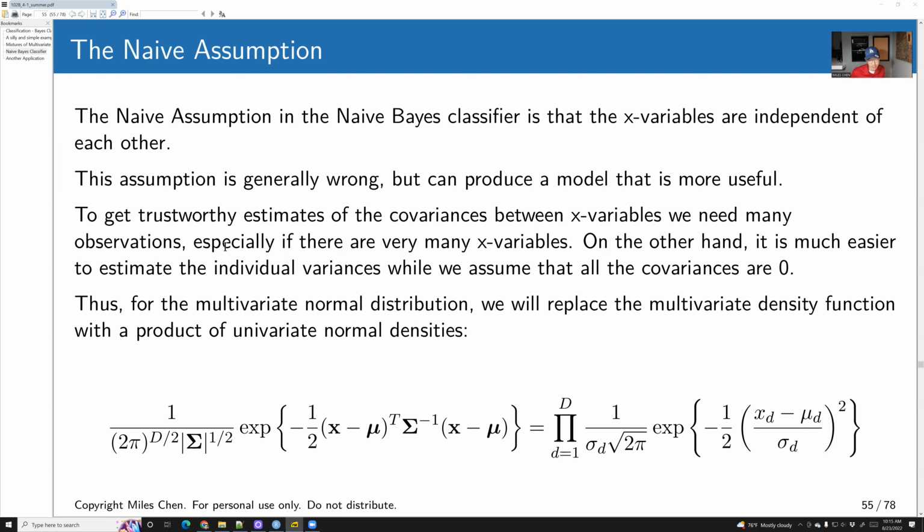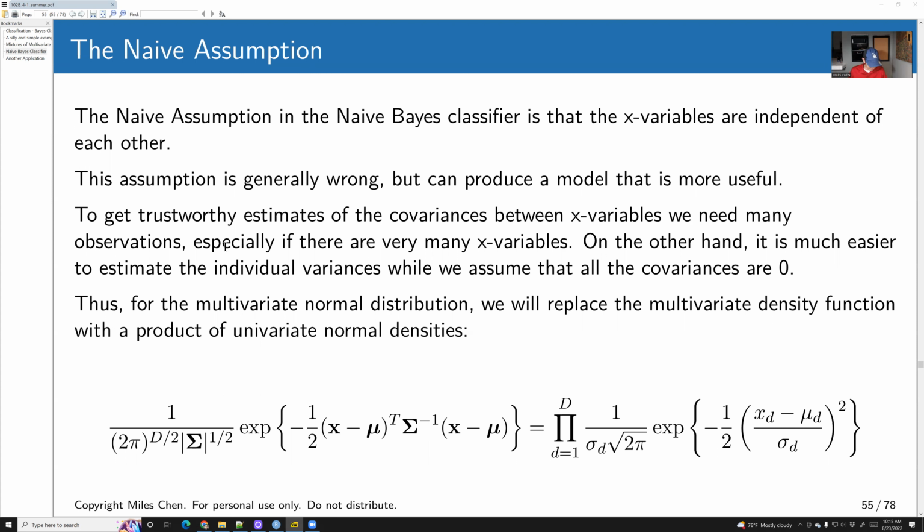So on the other hand, it's just a lot easier to just say, hey, the covariances are all 0, okay? Probably wrong. But if we just assume the covariances are 0, we don't have to estimate any covariances. And then we can just keep going.